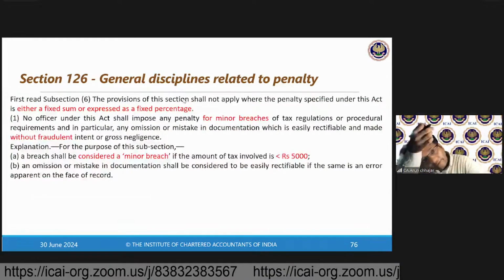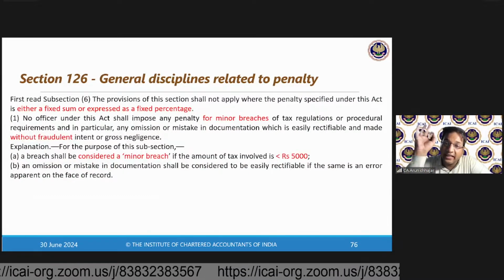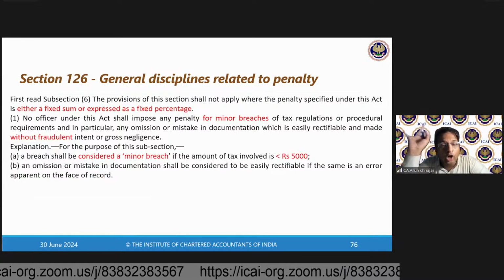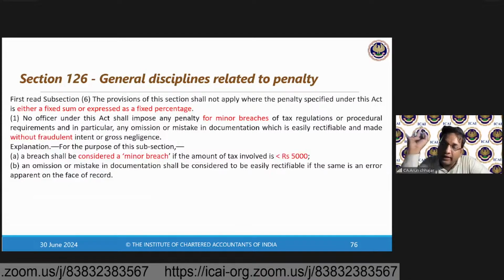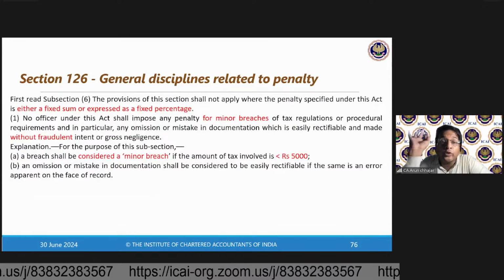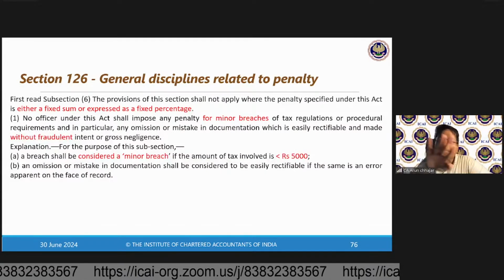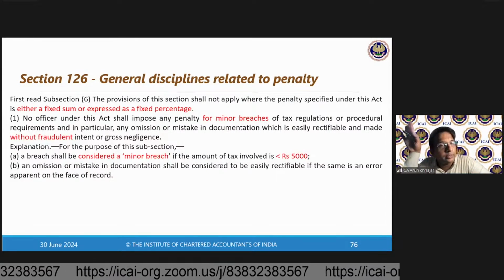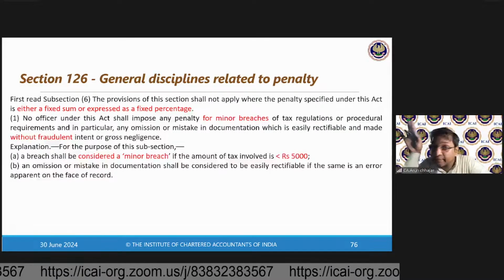But always remember that there is section 126, which talks about when the penalty is not expressed with an exact amount or exact percentage, meaning the penalty has the words up to, that is discretionary. Then before imposing the penalty, the officer must keep this general discipline in mind.